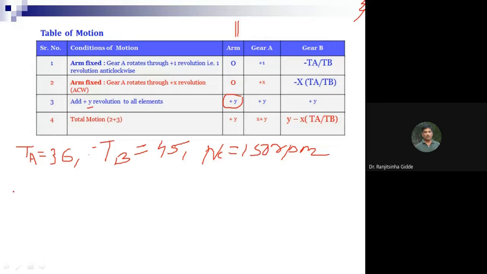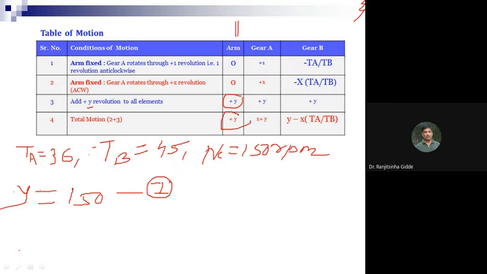So here we can write y is equal to 150. This is the first equation. Here I will write the first equation. And they have continued that sentence, anticlockwise direction about the center of gear A, which is fixed.